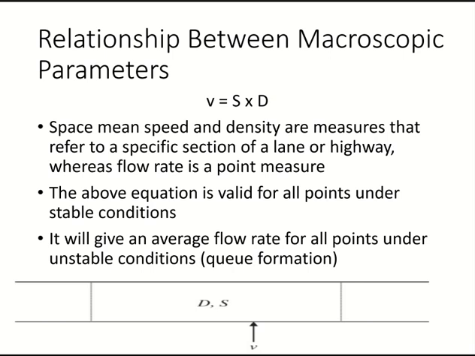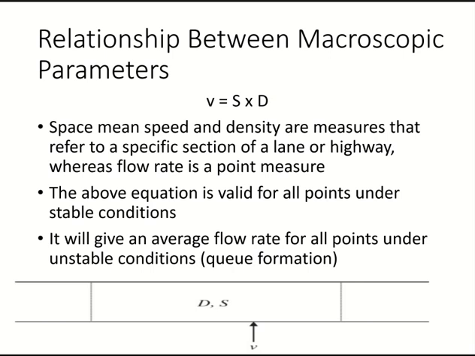We know that. So to apply this equation, the section should remain uniform. No entry, no exit, no change. This equation only applies when the section remains uniform. No changes in the section.